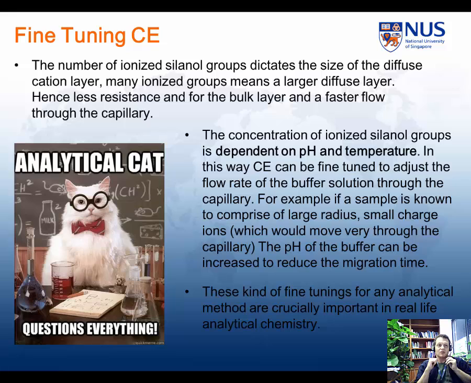It's also called the zero point charge, and it's much the same here. By changing the pH, tuning the pH of the buffer, you can modify the concentration of ionized silanol groups, and that's one of the very important fine-tunings that are crucially important in this occupation we call analytical chemistry.